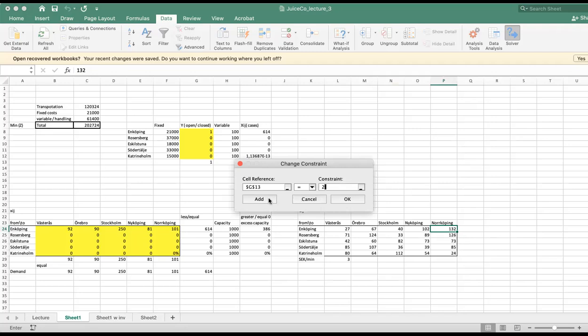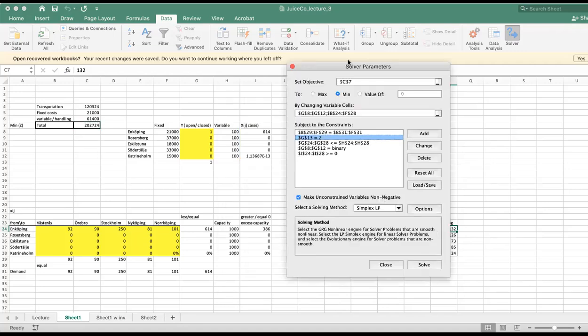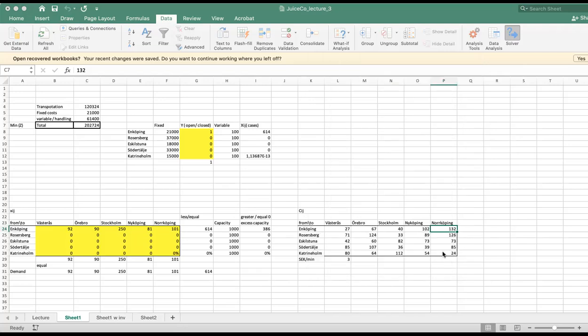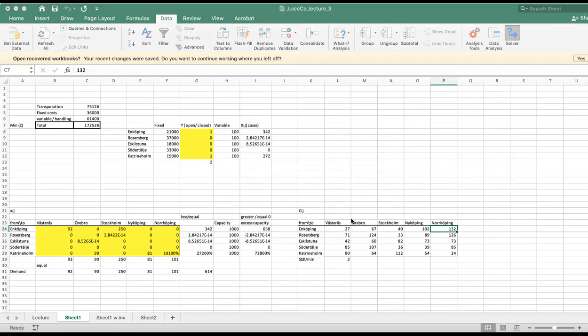So you add that and say, now we are trying to open 2 DCs, and then we solve again. And then it thinks again, and now it has opened 2. The minimization cost has reduced.